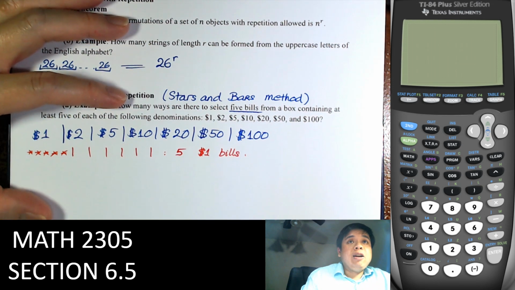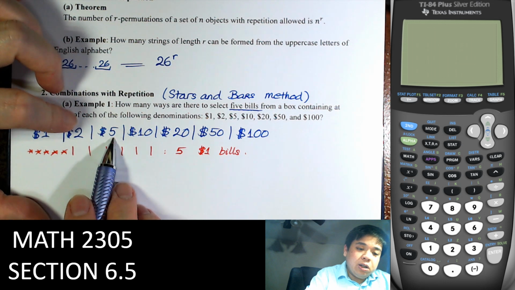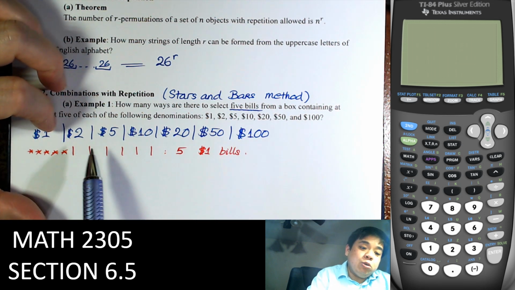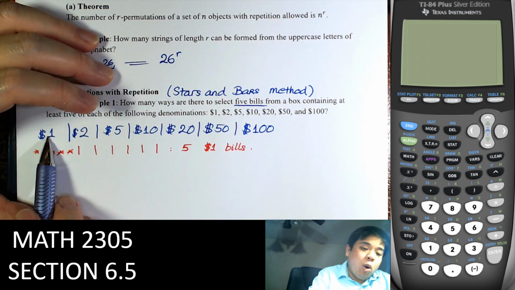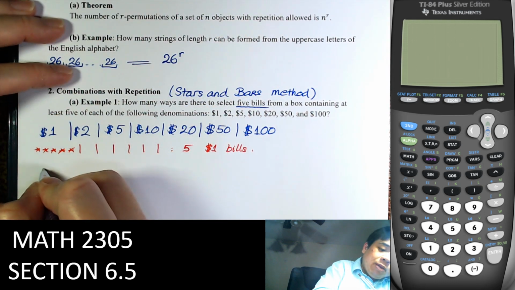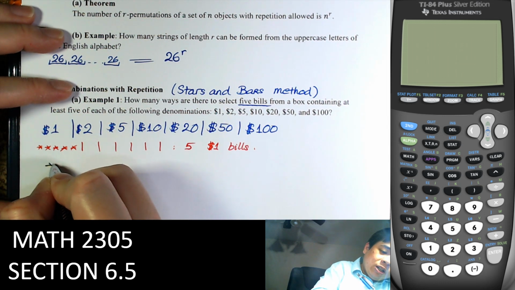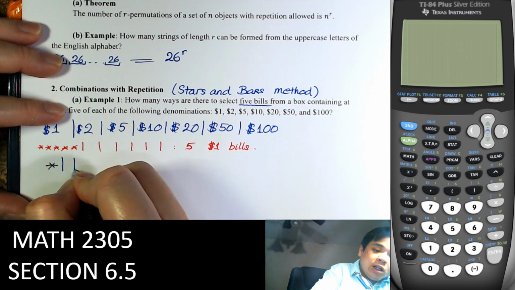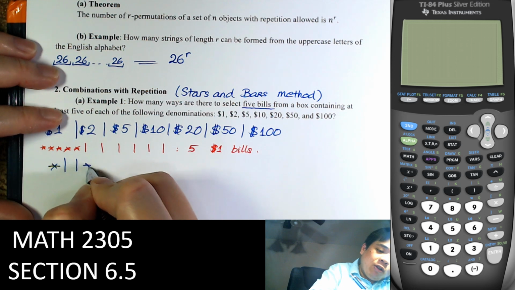Right. Now let's look at another scenario. Let's say you want one of each. That's 7, which is too much. Let's say you don't like the $2 bills and you don't like the $100 bill. You want one each of 1, 5, 10, 20, 50. So it's represented by 1 star for the dollar bill, separated by a bar. For 2, there's nothing to choose, so just skip it. And then you choose one $5 bill, a star.